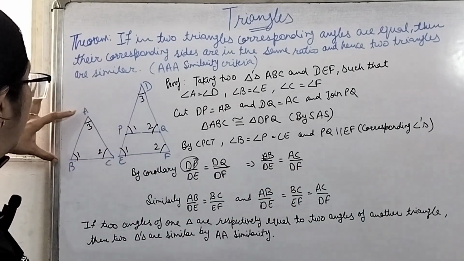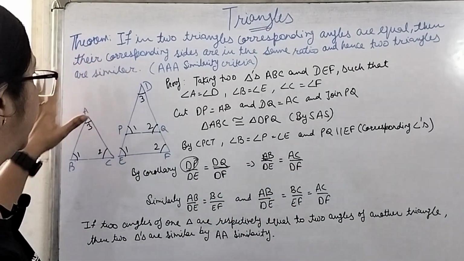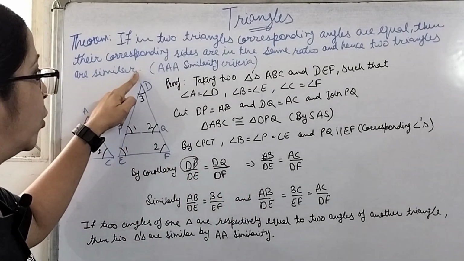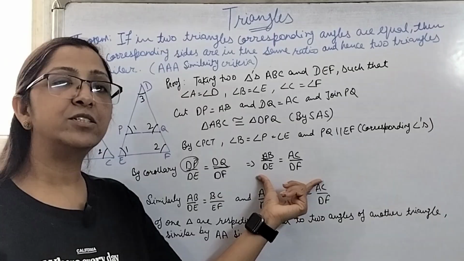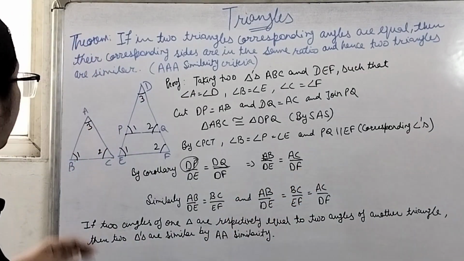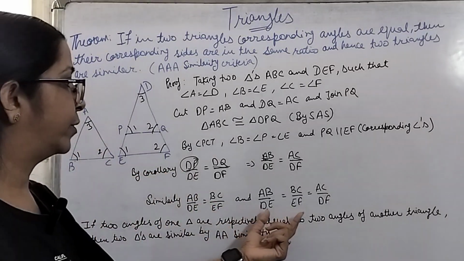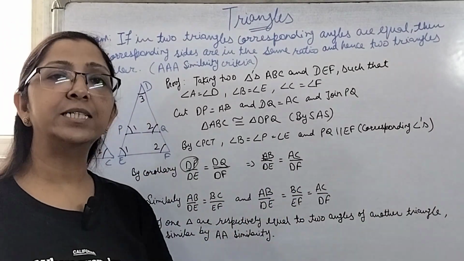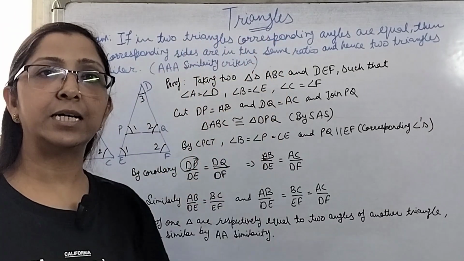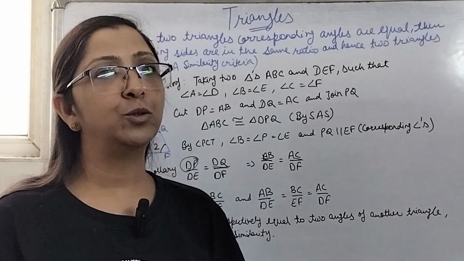That means AB of this triangle over DE of this triangle, the ratio of these two sides, is equivalent to AC of this triangle over DF of this triangle. The ratio of two sides is equal. This we have proved. Similarly, we can prove that AB over DE is also equivalent to BC over EF. And once the ratio of all three sides of the triangles is equal, and we had already taken that all the corresponding angles are equal, we can say that the two triangles are similar to each other.